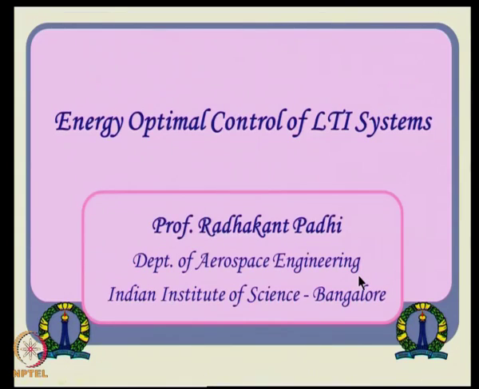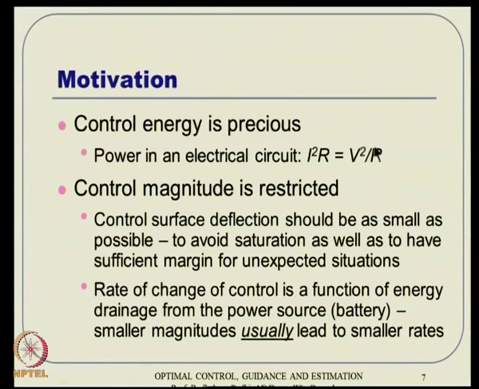So now moving on to the energy optimal control of especially linear time invariant systems. The problem is natural in many cases. For example, control energy typically happens to be precious, and if you see an electrical circuit, then the power consumption is I squared R or V squared by R, and if you consider this V as some sort of control variable, then obviously we want to minimize that V squared. And in aerospace problems, control magnitude is restricted.